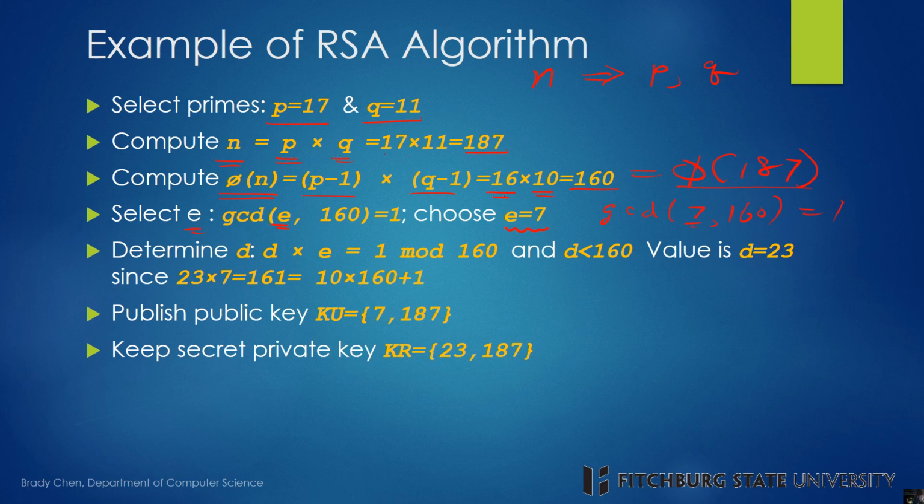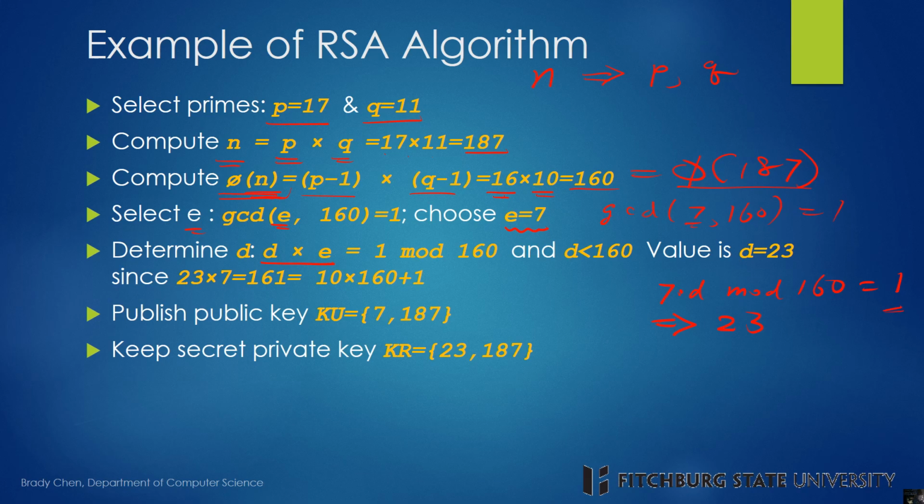And then we find d, so that e times d equals 1 modulo 160. So that means, in other words, we found e is 7. We find d such that 7 times d mod 160, phi of n, is 1. So we actually find that d is 23. Okay, you can verify this: 7 times 23 mod 160, whether it's 1.